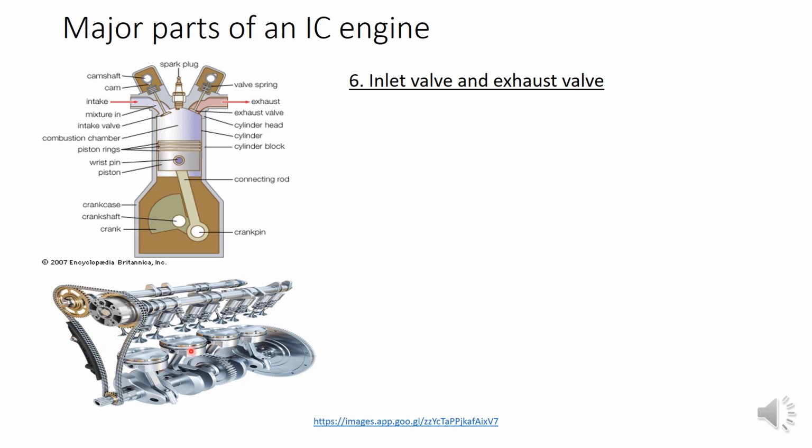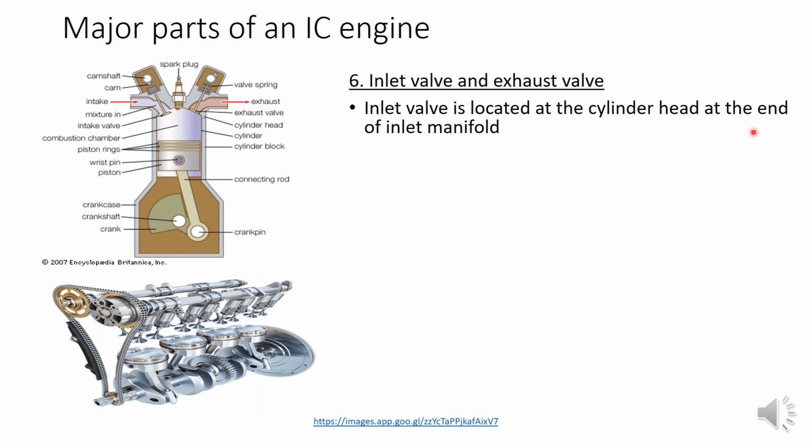The inlet valve is located at the cylinder head at the end of the inlet manifold, and it allows the fresh charge into the cylinder. If you open the inlet valve, it will allow the fresh charge into the cylinder, but if it is in closed position, it will not allow the fresh charge to enter the cylinder.